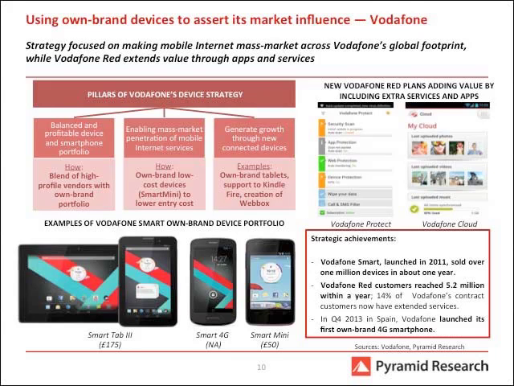basically the brief description of Vodafone's device strategy, and it's very similar to Orange on the own brand device front. Again, Vodafone is trying to address smartphone penetration on their network by enabling mass market penetration of mobile internet services, as one of the three pillars of their device strategy.